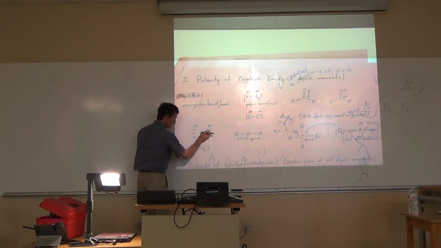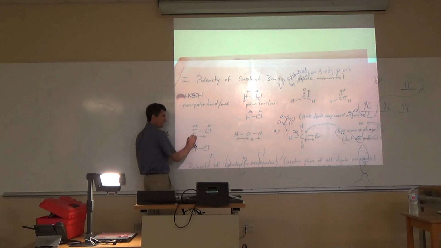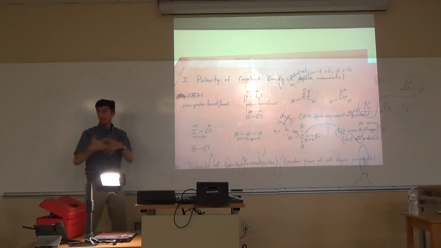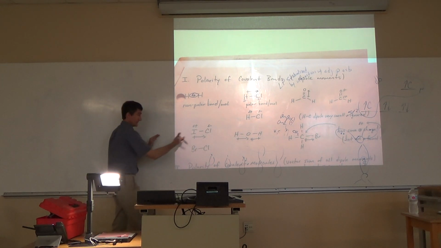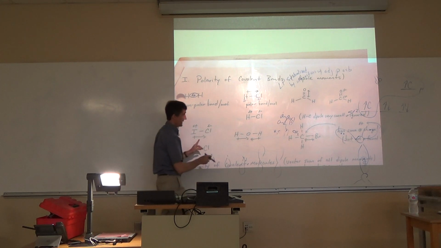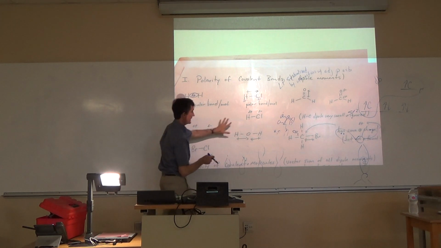The chlorine's pulling these electrons, taking electrons away from this region, leading the iodine to be electrophilic. Why? Because chlorine's taking them. Because it's electronegative. Okay, these are just diatomics.